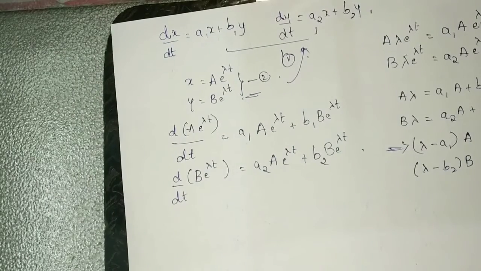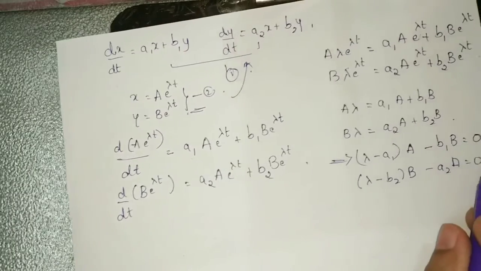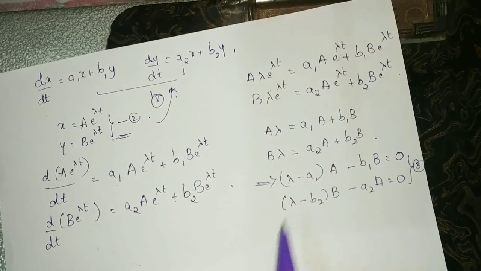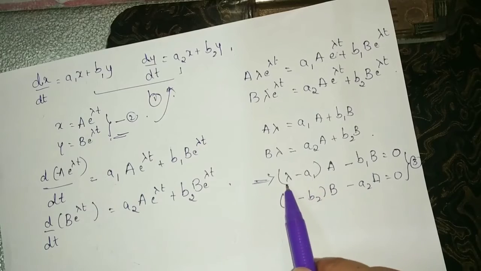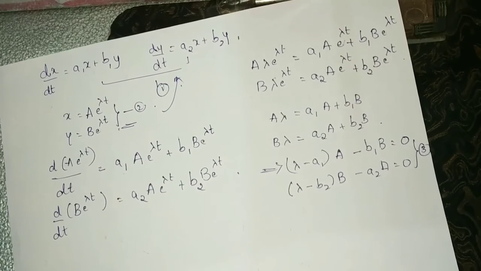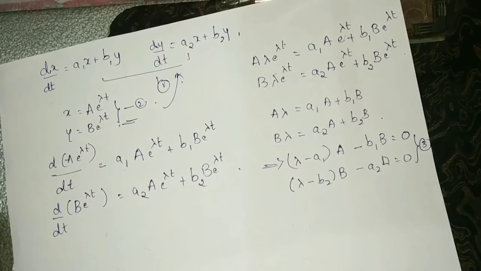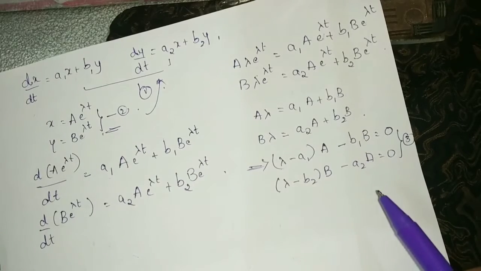Equation 3 we call an algebraic system, because as you know, here no independent variable is there. All these, capital A, capital B, a1 and lambda, are real numbers, which means this is an algebraic equation. But these two are connected to each other.